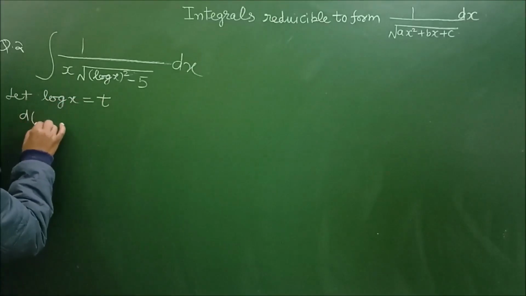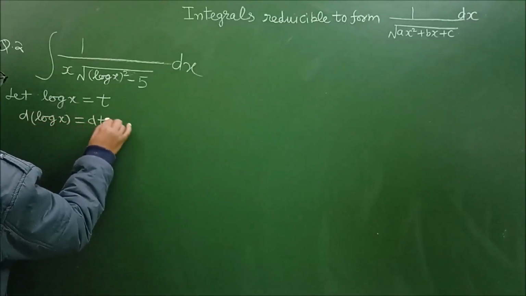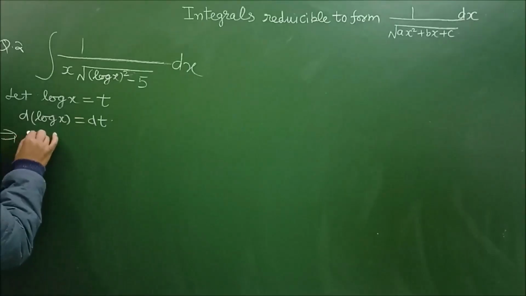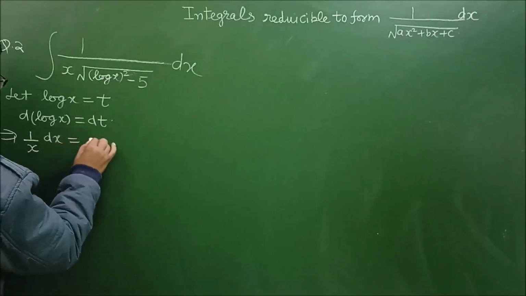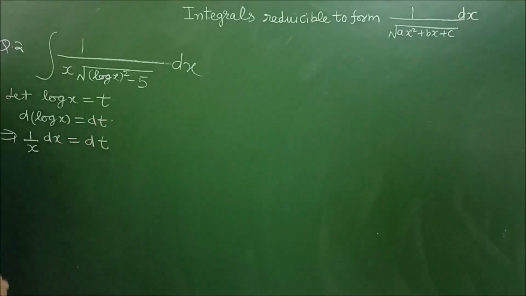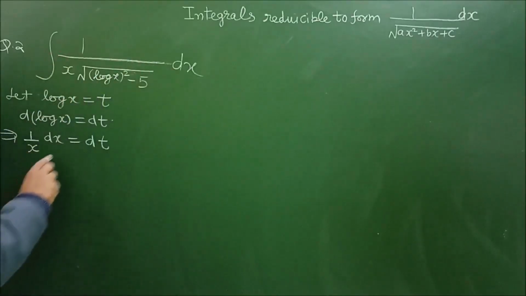Differentiating both sides, derivative of log x is 1 upon x, so 1 upon x dx is equal to dt.